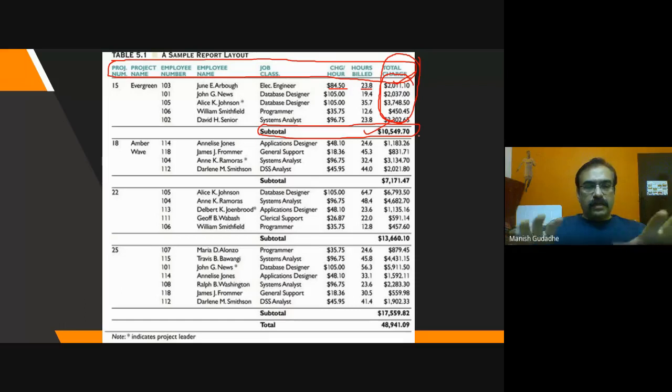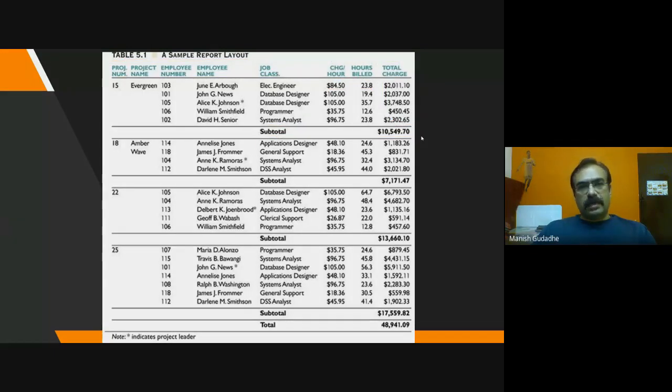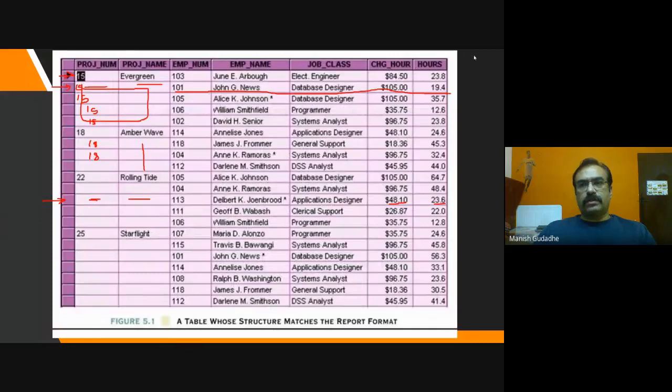So in this matter, these two attributes are generated attributes which can be generated as output. We don't need to waste our database or a column or attribute for that. That's why this particular table is missing total hours charge.